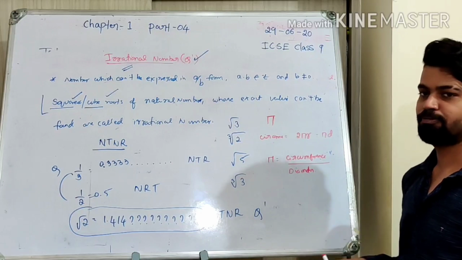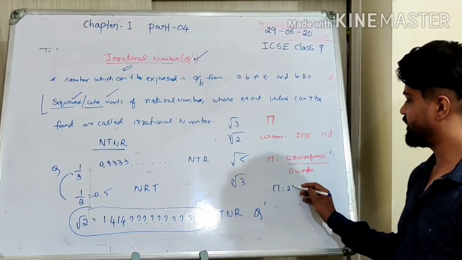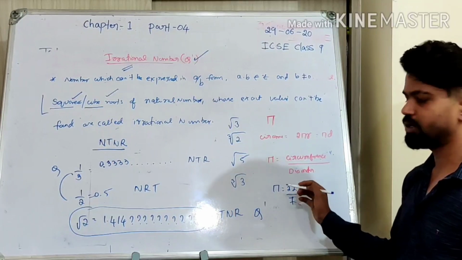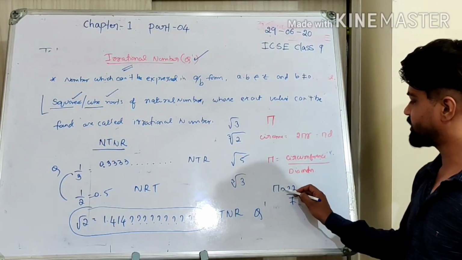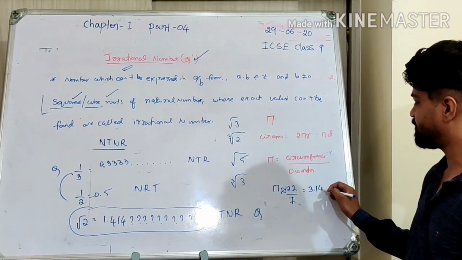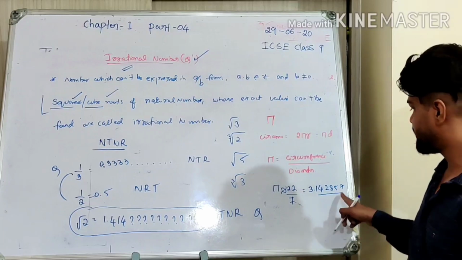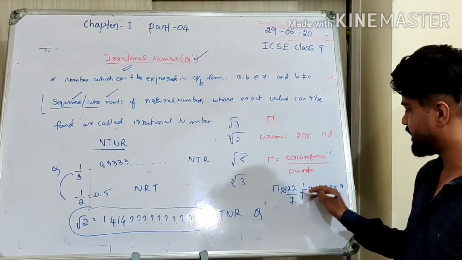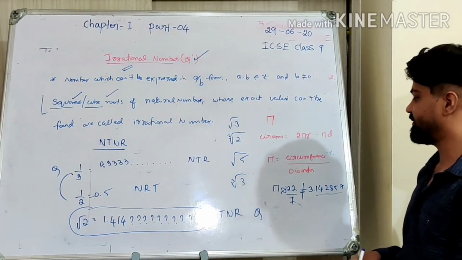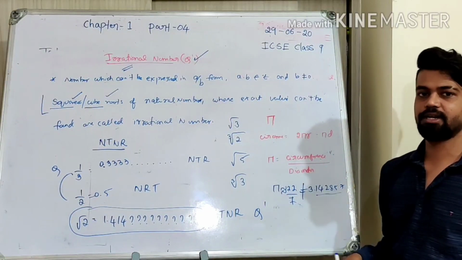Okay. You might be saying the value of pi is 22 by 7. But this is not the exact value. Nobody knows the exact value. It is somewhere nearby. When you divide 22 by 7, you get 3.142857, which will be repeating, but this is not the exact value of pi. When you divide 22 by 7, you get the repeating value, but that doesn't mean that pi is rational.